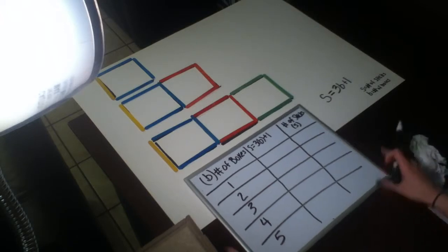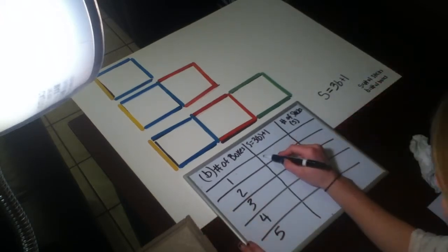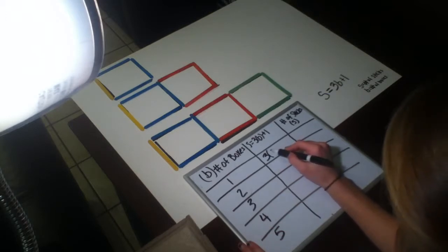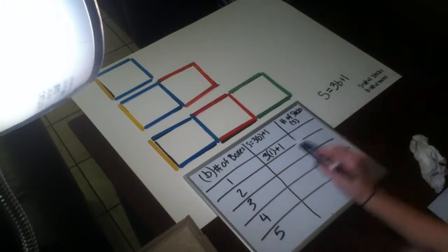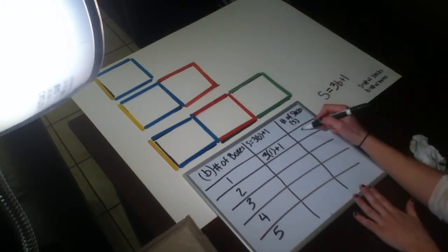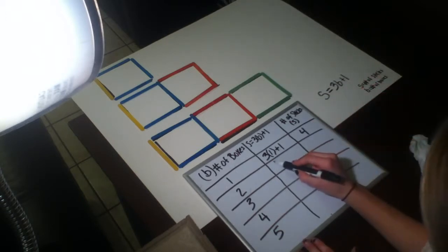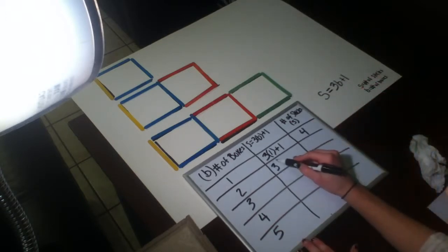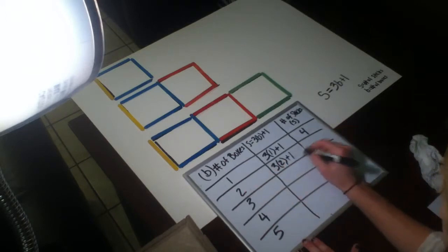Okay, so now for our first one, we're going to put 3 and substitute the 1 for the number of boxes, plus 1. So we know that 3 times 1 is 3 plus 1 is 4. So we know that that one works. For our next one, 3 times 2, because that's the number of boxes, plus 1.